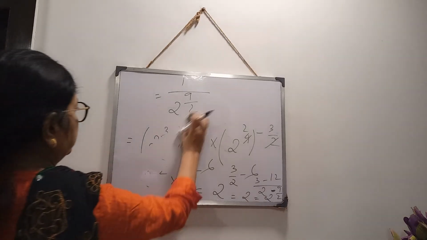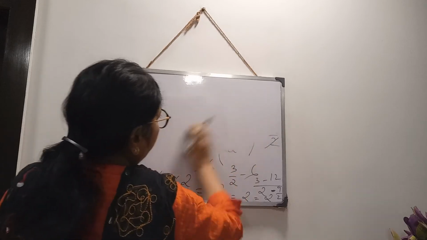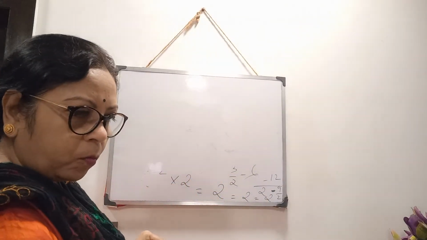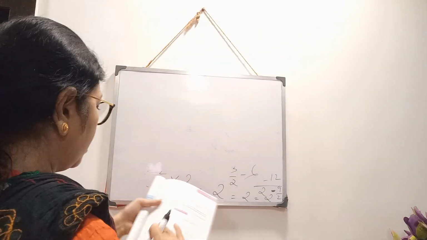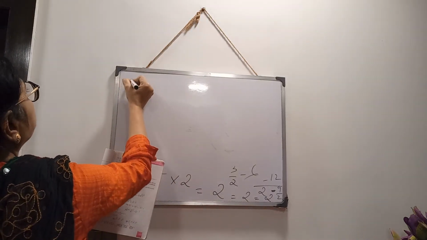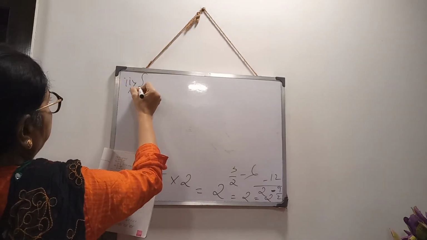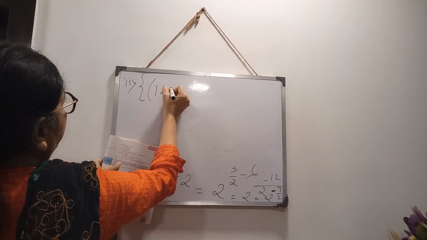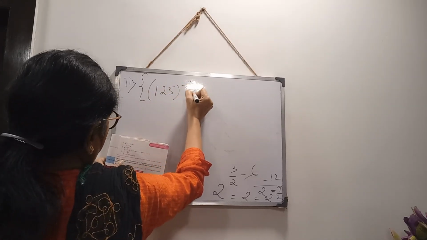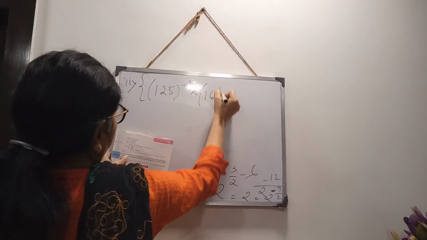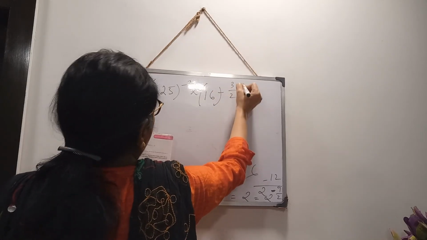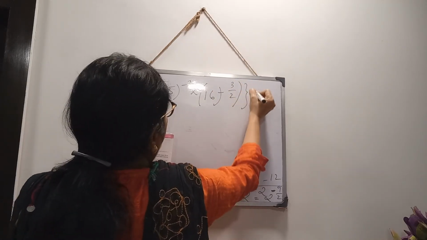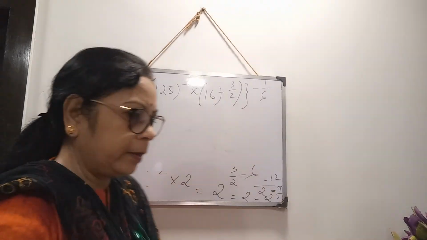Okay, next one. That is also number 2. Here second bracket 125 to the power minus 2 into 16 to the power minus 3 by 2, close the bracket, minus 1 by 6.